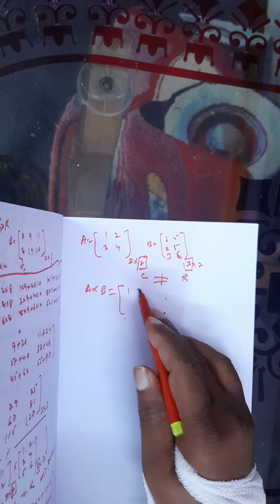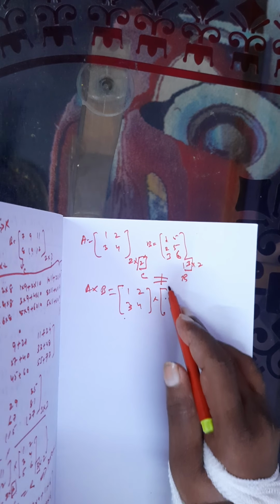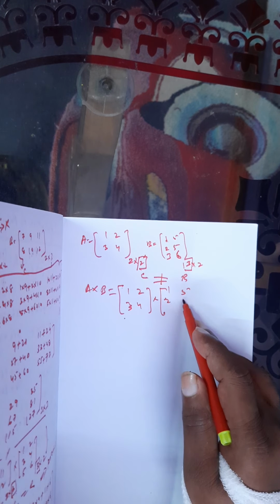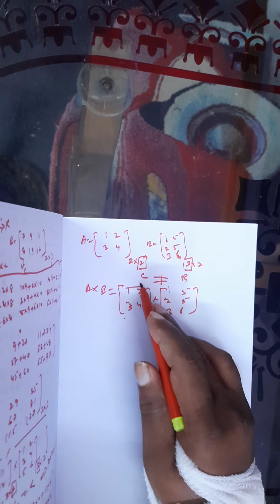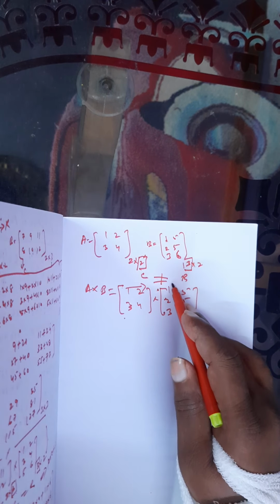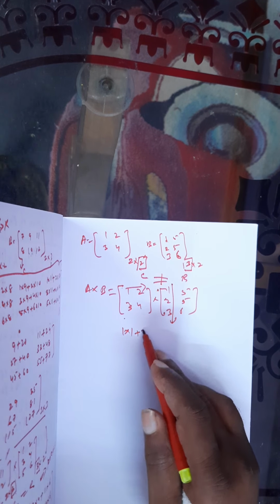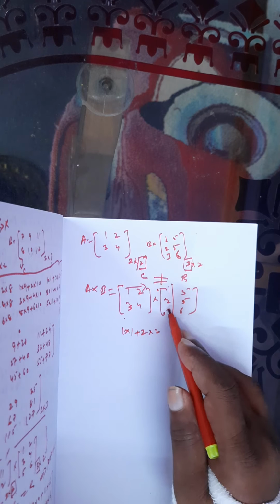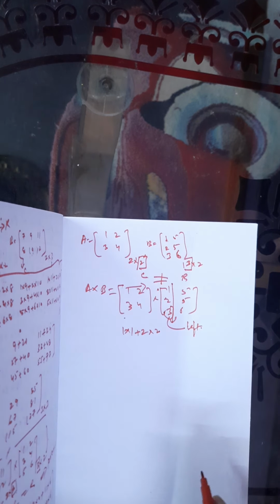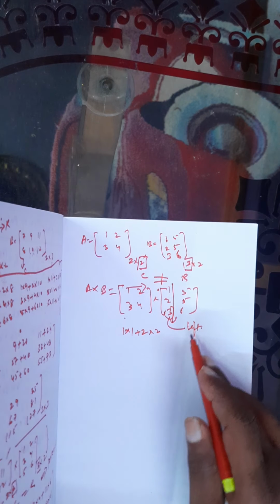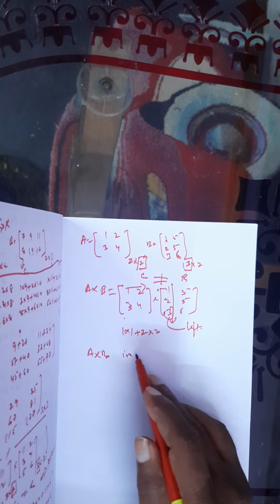See here: 1, 2, 3, 4, and the other matrix is 1, 5, 2, 5, 3, 6. Take this number and multiply with the first row: 1 goes with 1 plus 2 goes with 2. One number is left over, without any number to multiply with, that's why the product A cross B is impossible.